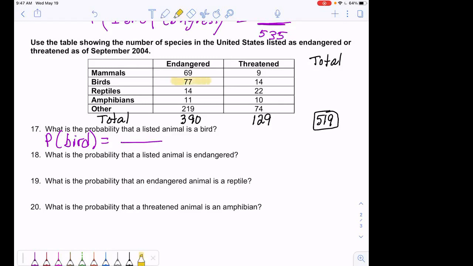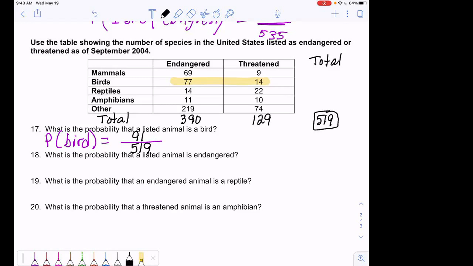So you're looking at the birds, 77 are endangered, 14 are threatened. So that would be 91. And then that's out of the total of 519. So 91 out of 519. That's the probability that an animal listed is a bird.